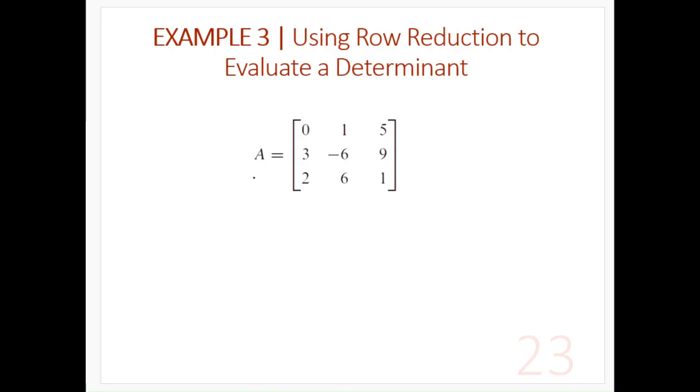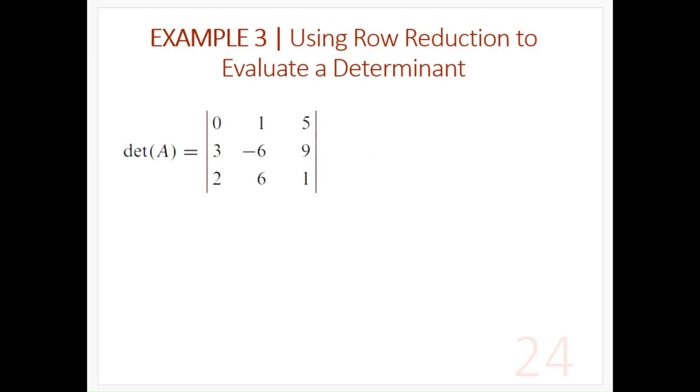For this matrix here that you see in example 3, we are trying to determine the determinant of A. So we're trying to compute this, or you could say evaluate this.